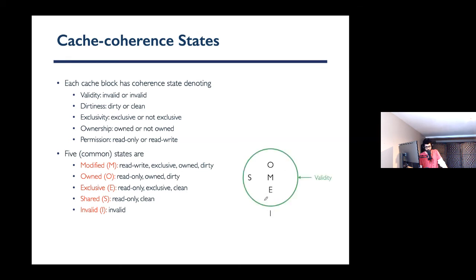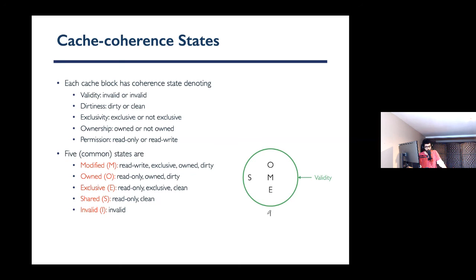If a CPU for a memory location is in any of these states, O, M, E, or S, that means it's a valid situation. Other than that, it's invalid. So if your CPU owns a memory location or has it in a modified, exclusive, or shared state, it means your CPU can access that location, and that access would be a valid access.